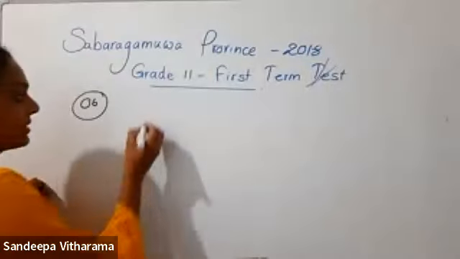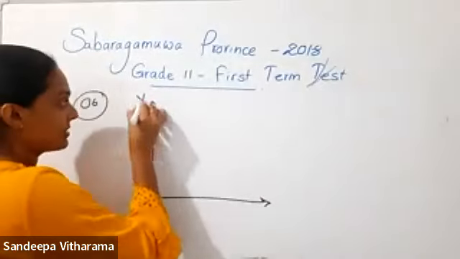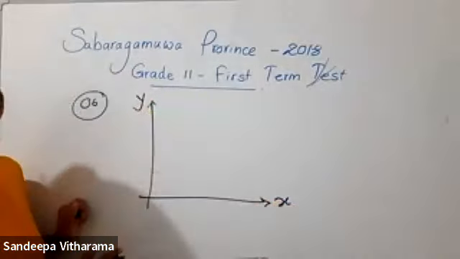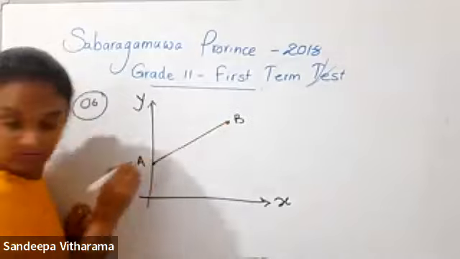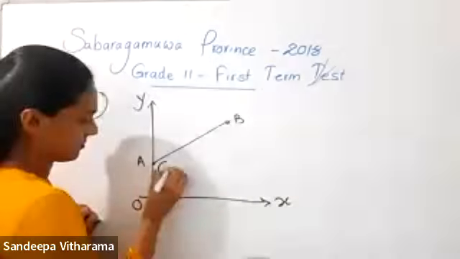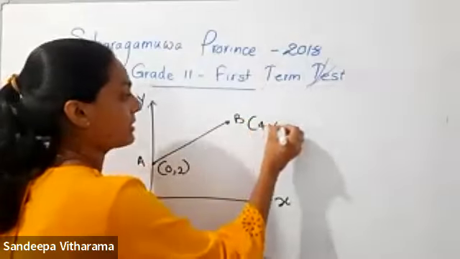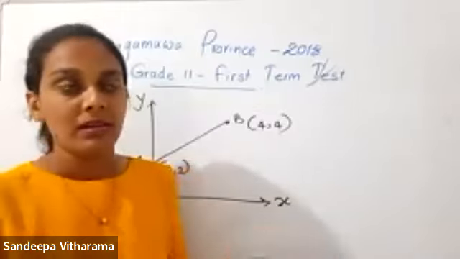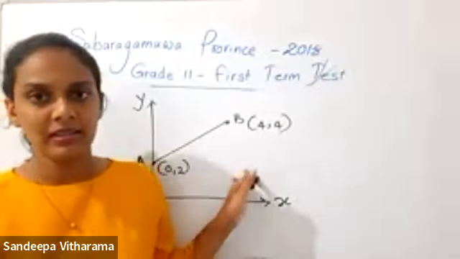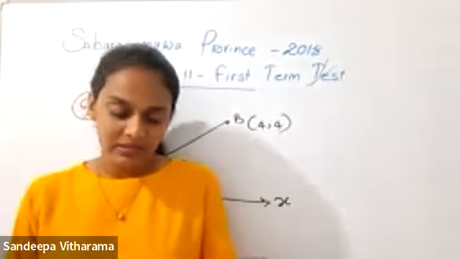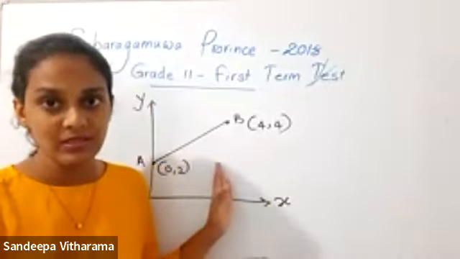Look, when you are given a graph, that means when you are given a Cartesian plane, we call this a Cartesian plane. When a Cartesian plane is given, it is like this. This kind of sum always comes in the same way. You may be asked to write the equation of this straight line segment.